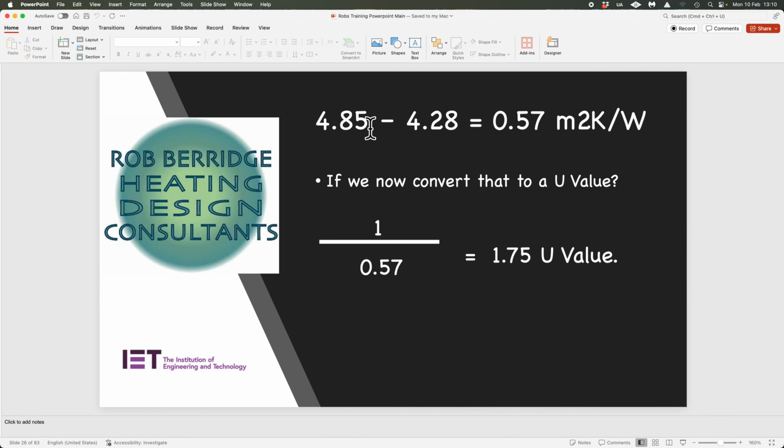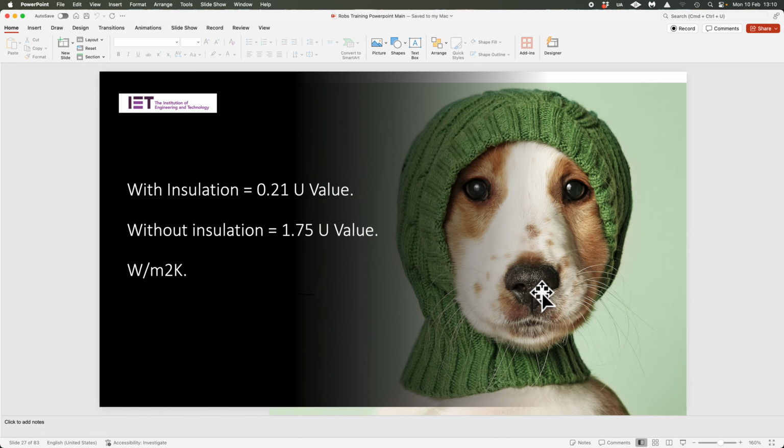That means we've only got a total resistance value of that wall construction of 0.57 meter squared Kelvin per watt. Now that's huge. So if we now convert that to a U value, 1 divided by 0.57, we're now losing 1.75 watts.